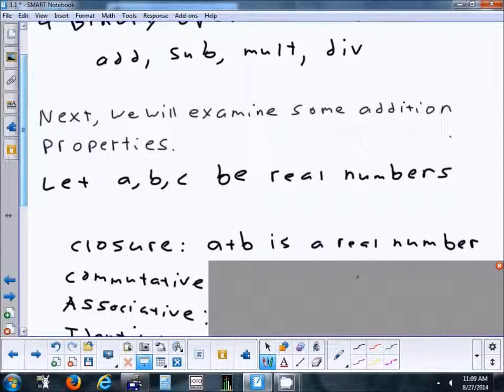Can anybody think of an operation that's pretty much always closed, no matter what number set you use? So one of these 4 operations, you can use any number set you want, from counting numbers to real numbers, and it's always going to be closed.